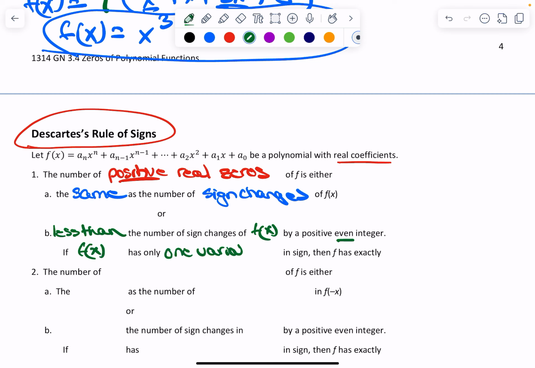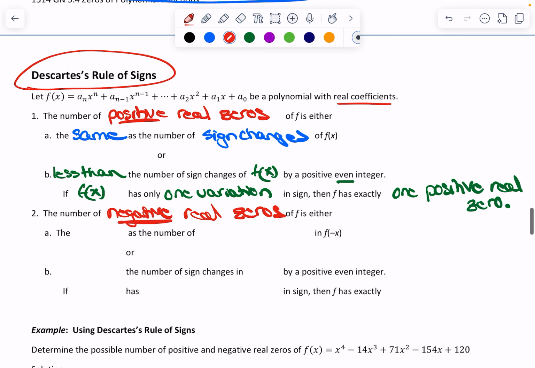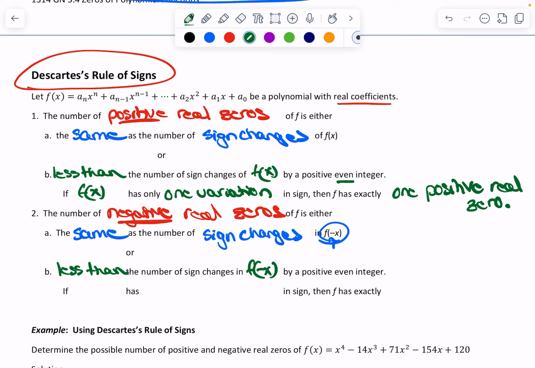Okay, the number of negative real zeros of f is either the same as the number of sign changes in f of negative x, or less than the number of sign changes in f of negative x by a positive even integer.